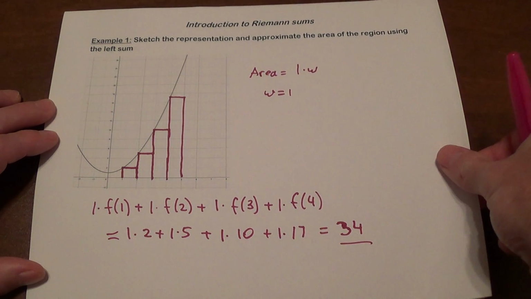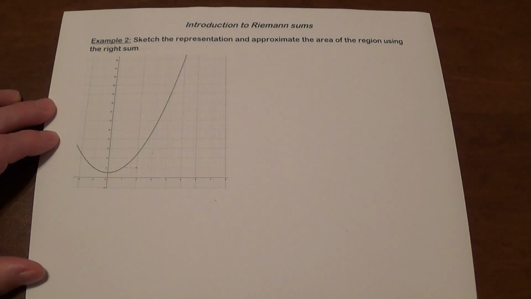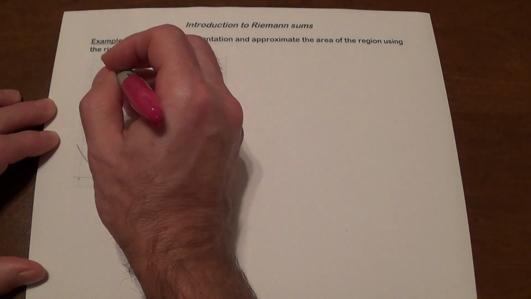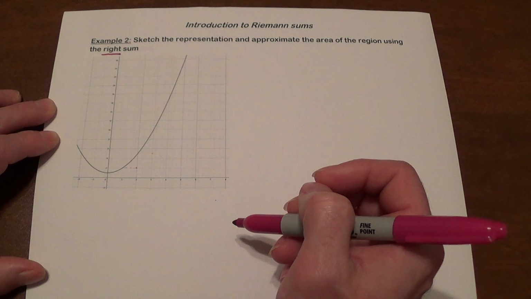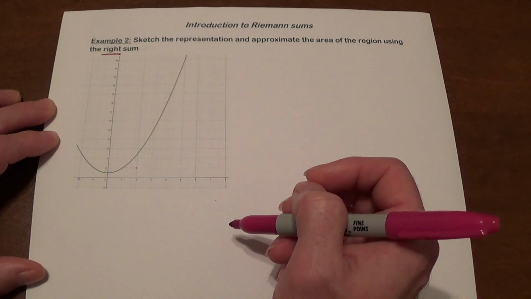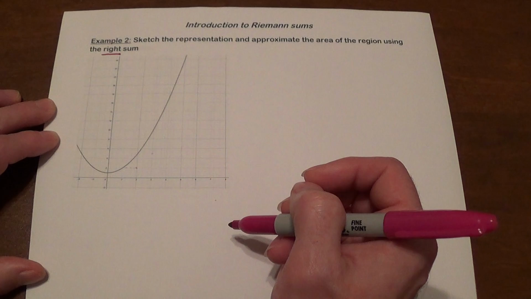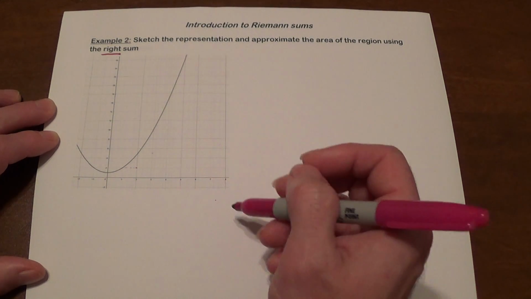For our second example, we're going to do the same thing, approximating the area of the same region, but using the right Riemann sum. When you use the right Riemann sum, you want the upper right corner of a rectangle to be on the curve.